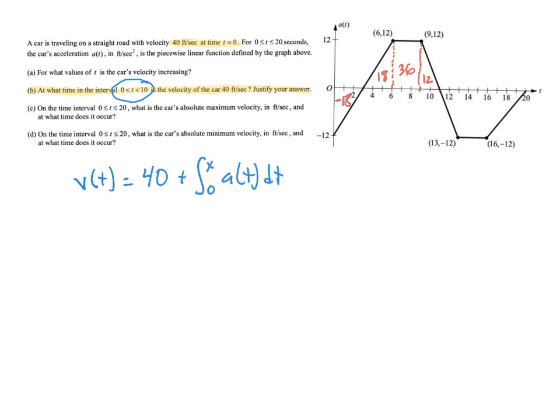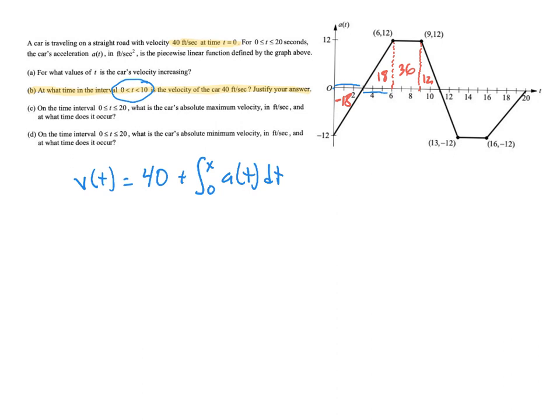And so as we're accumulating this area, you'll notice that when we move from 0 to 3, we subtract 18 right here. And then when we move from 3 to 6, we add 18 back on. So we're back at 40 again.